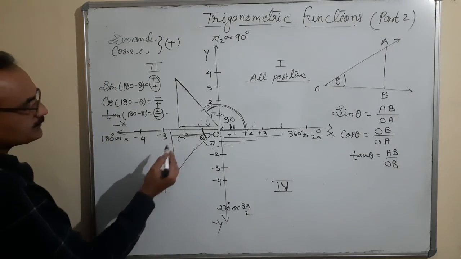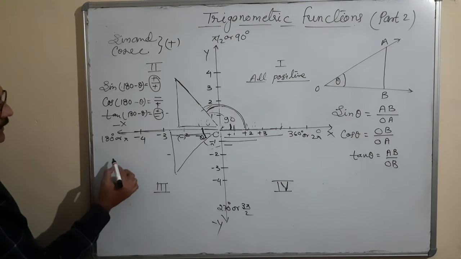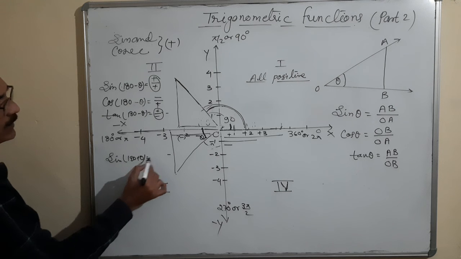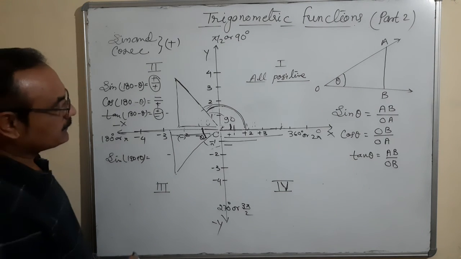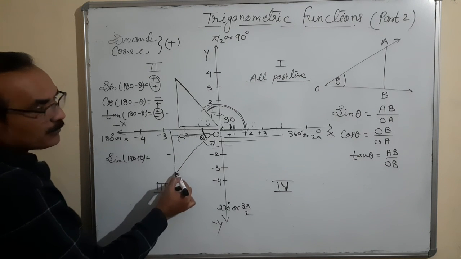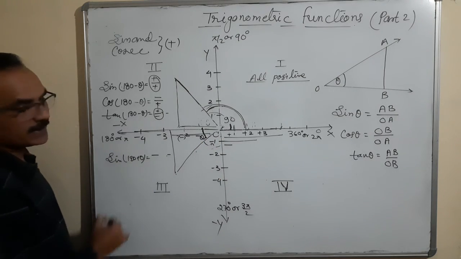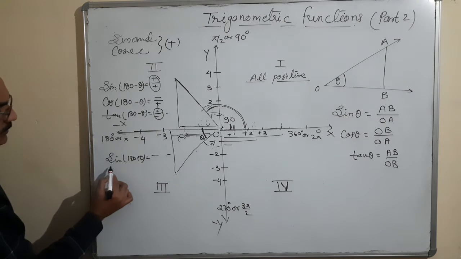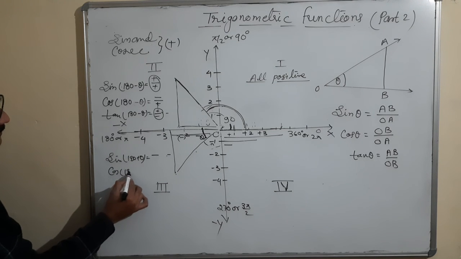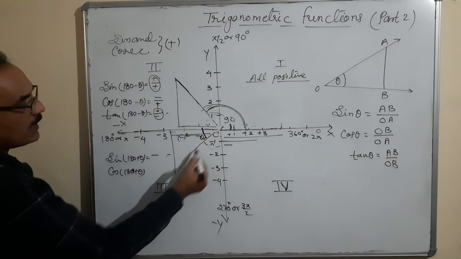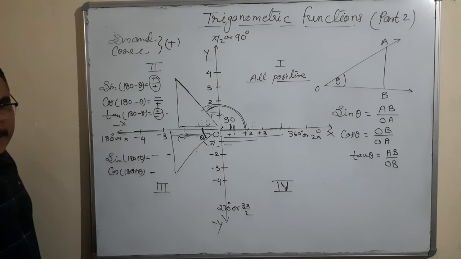Now what happens when we are talking about sine 180 plus theta? Sine 180 plus theta, perpendicular upon hypotenuse. One is negative, hypotenuse positive, answer is minus. Okay. Cos 180 plus theta, cos is base upon hypotenuse, base negative, therefore it is negative.